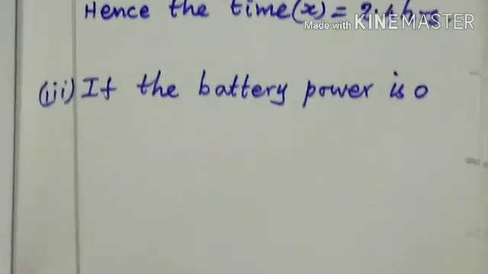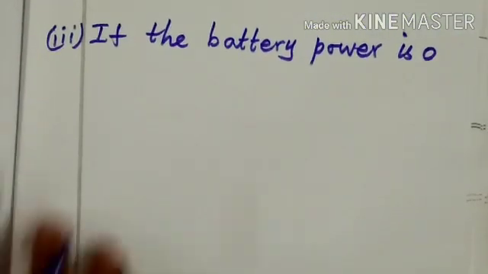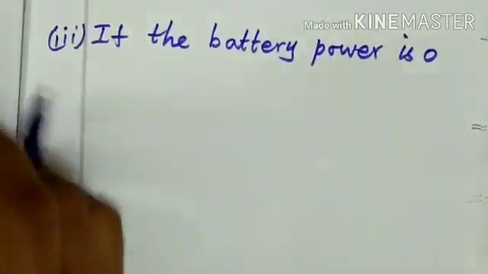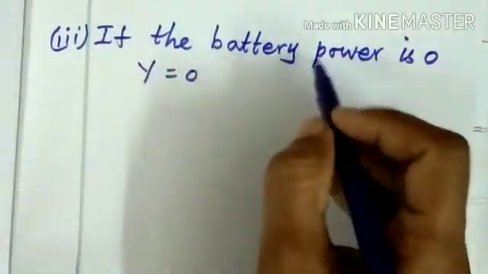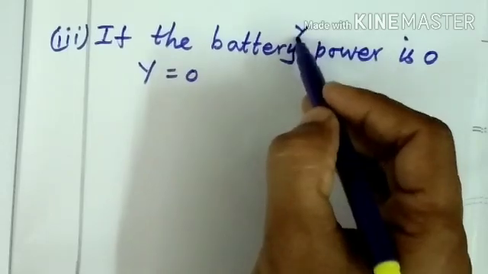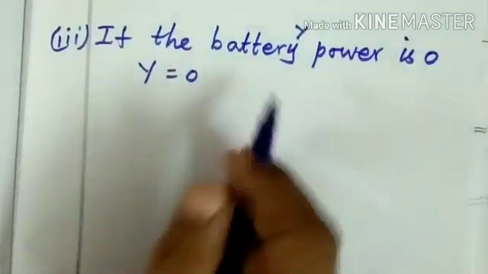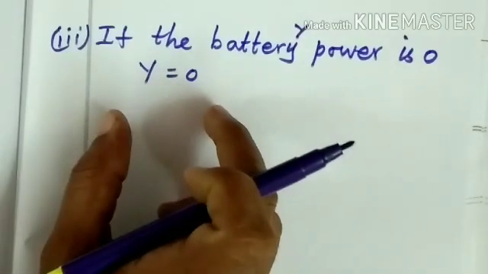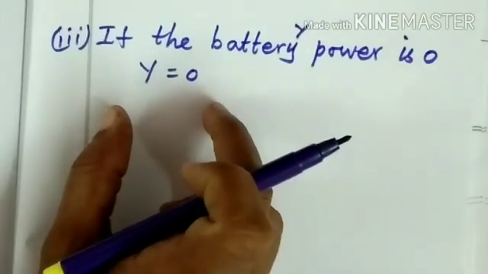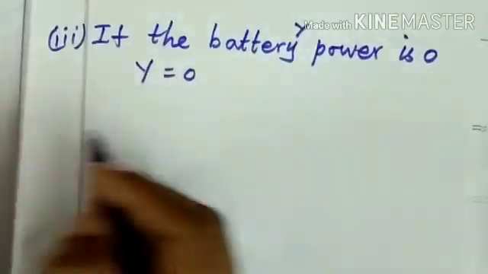Then the third subdivision: if the battery power is 0, then y is equal to 0, because battery power denotes the y axis. Now you have to apply this y value in the given equation.